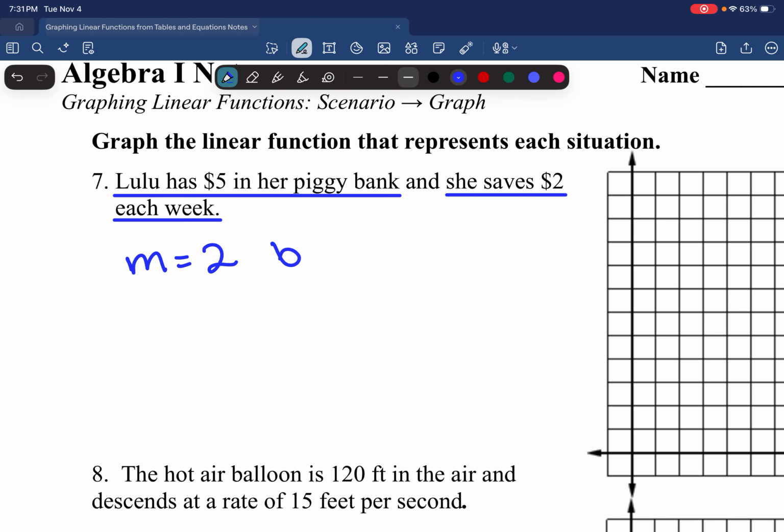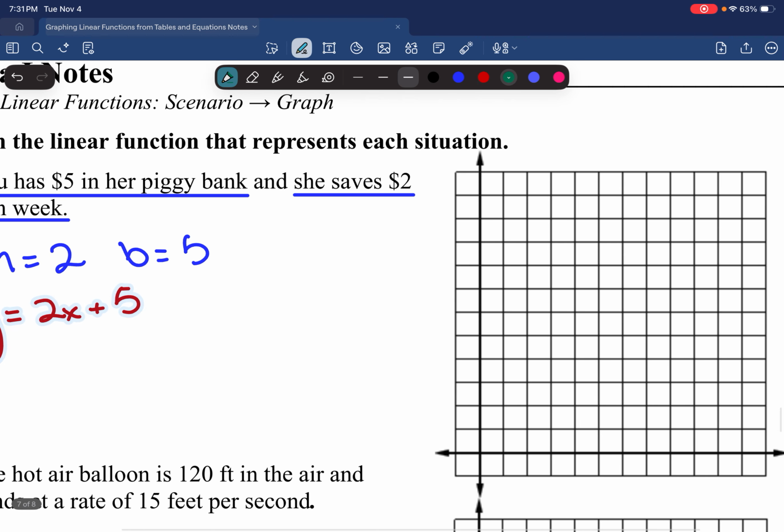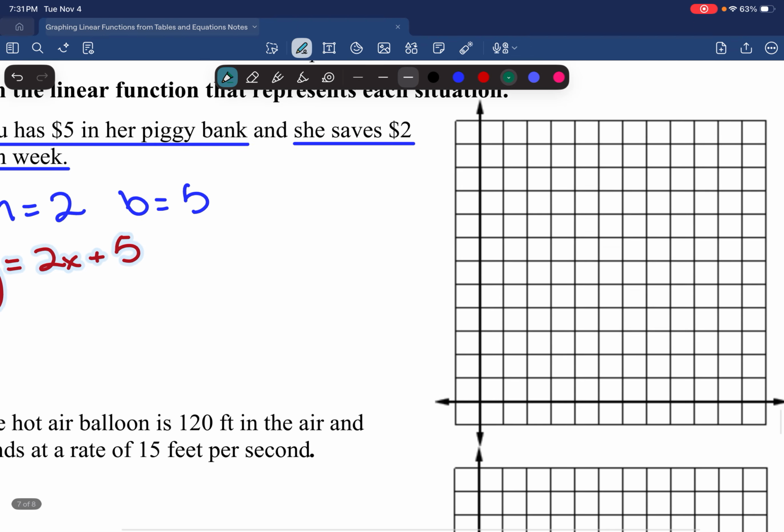And my B, my y-intercept, is going to be 5. Then I'm going to write that as an equation. So we get y equals 2x plus 5. And then I'm going to plot those points on my graph.